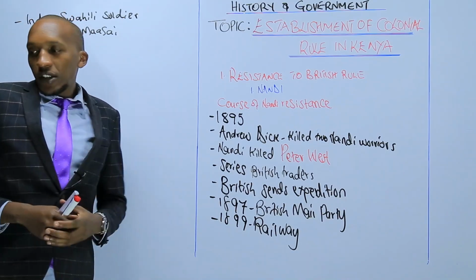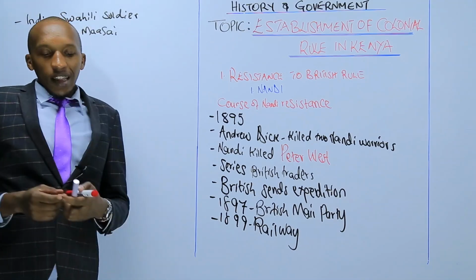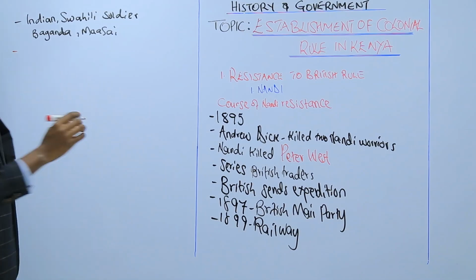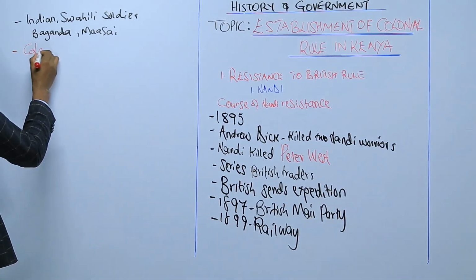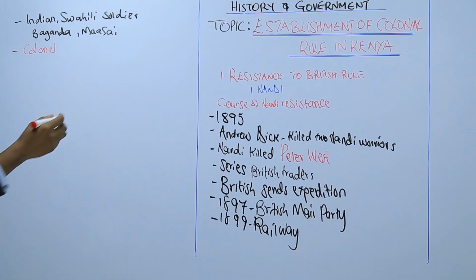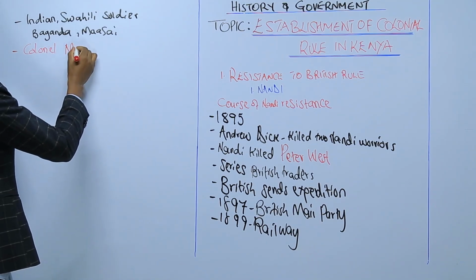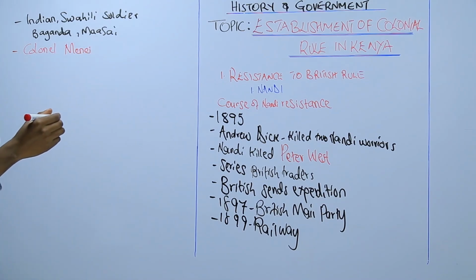So they became frustrated. But the British government at that time sent a colonel, an army commander, known as Colonel Meinertzhagen.